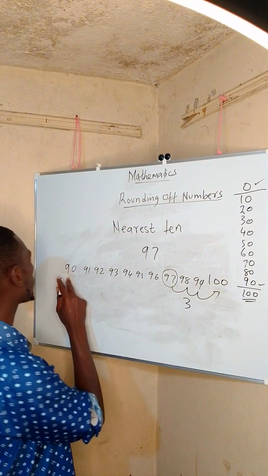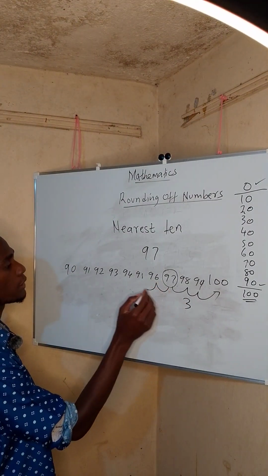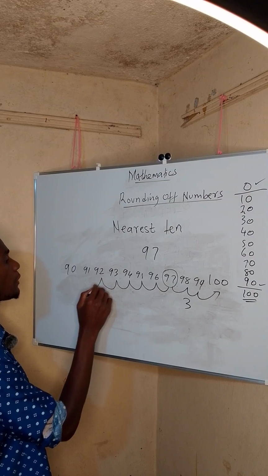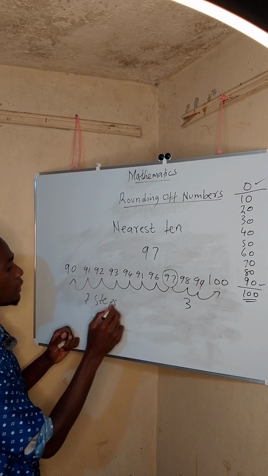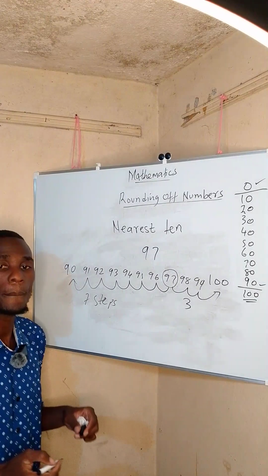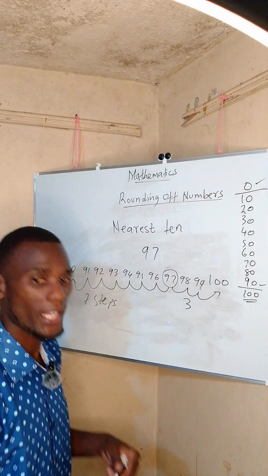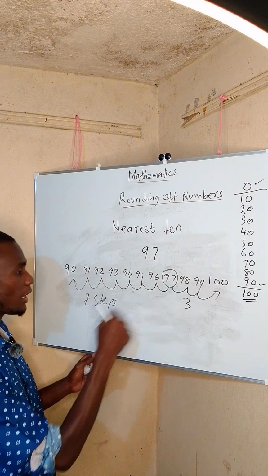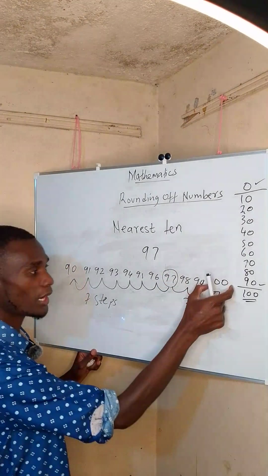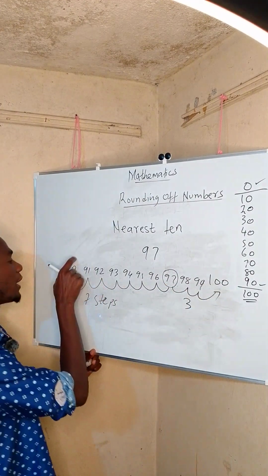From 97 back to 90 is 1, 2, 3, 4, 5, 6, 7, 7 steps. Rounding off means the number we are near to, the nearest number to the number you have been given. So looking at the number of steps, 97 is nearer to 100 than 90.